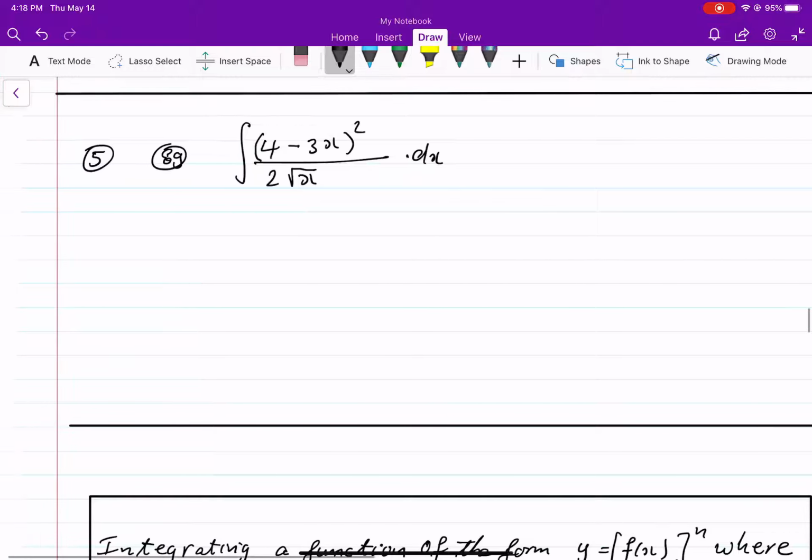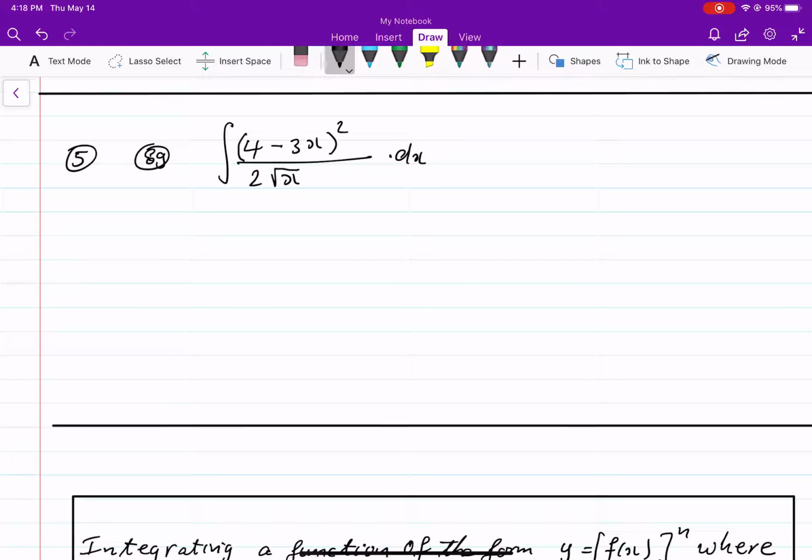This is one of the favorite things I usually do. I say consider, and in this case I'll just consider the integrand, which is the 4 minus 3x all squared upon 2 root x. And what I'll do, I'll massage it until the entire thing looks like a single polynomial, put it back into the integral, and perform the process of integration.